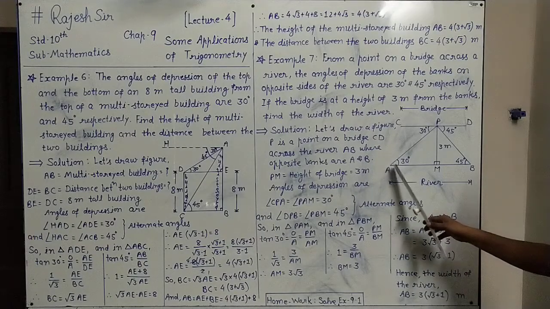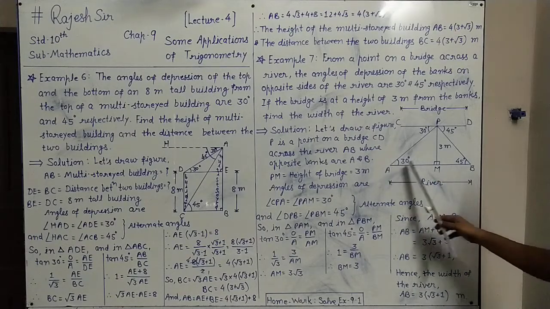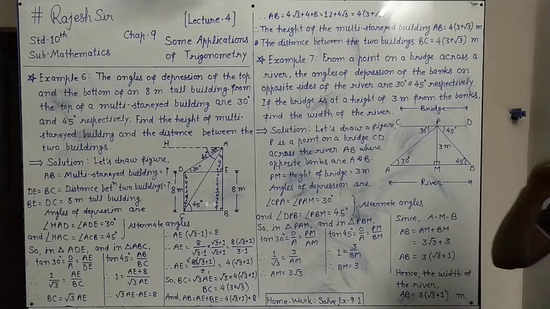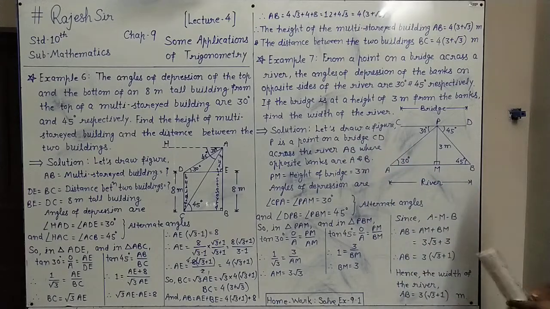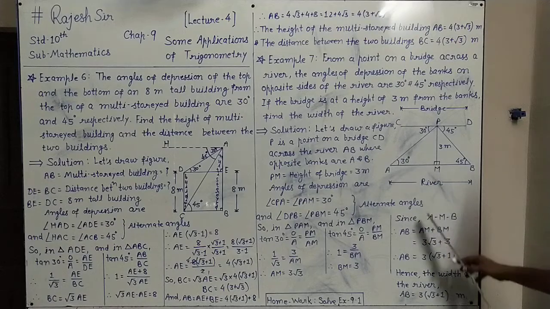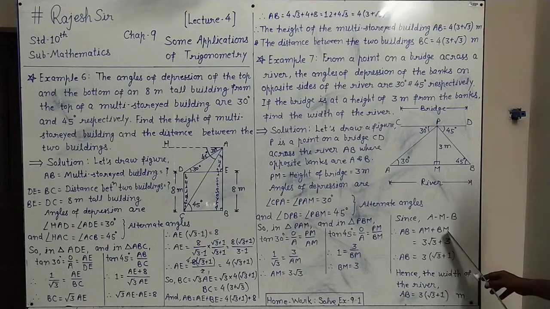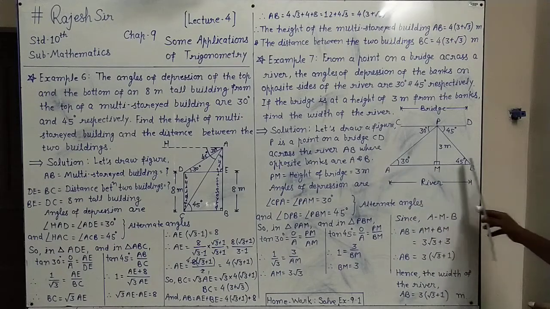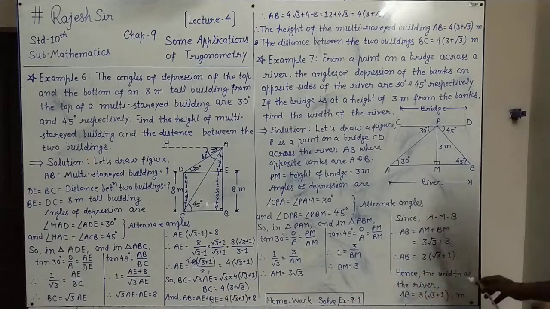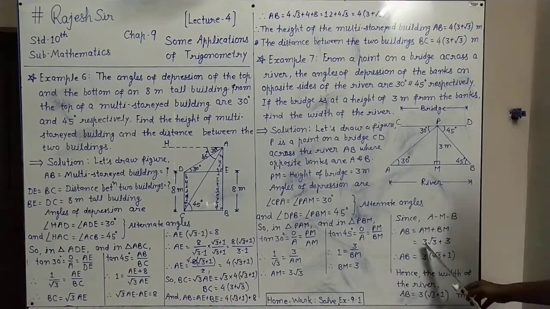Since you can see the whole AB, here A, M and B are collinear. So A, M, B means they are on the straight line, same line. So full AB length equals the part AM plus the part BM. If we add this AM and MB, we will get AB. So that we have shown here. AM we found here 3 root 3 plus BM we found here 3. We have added it.